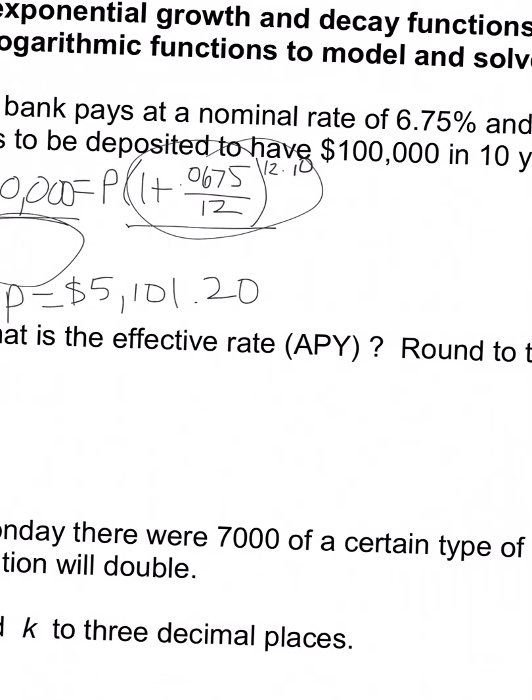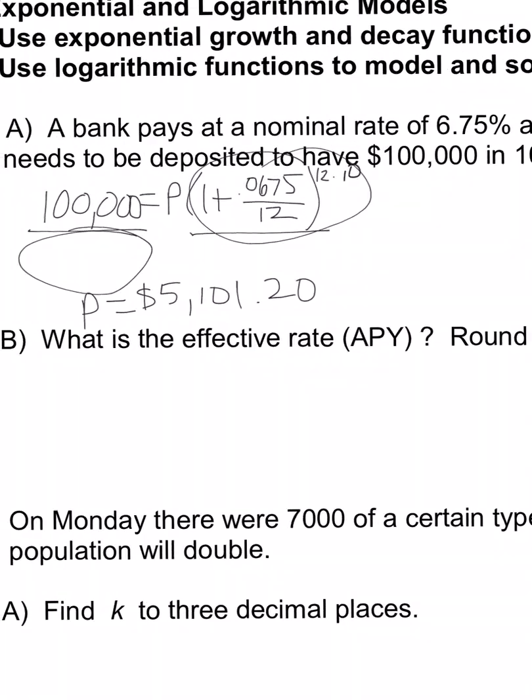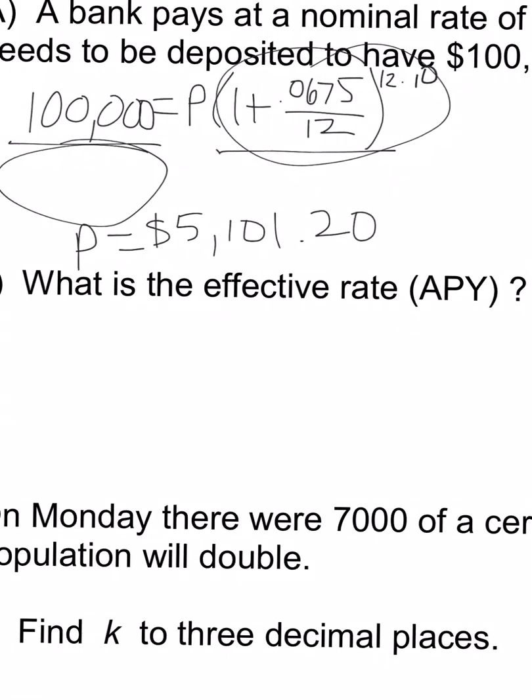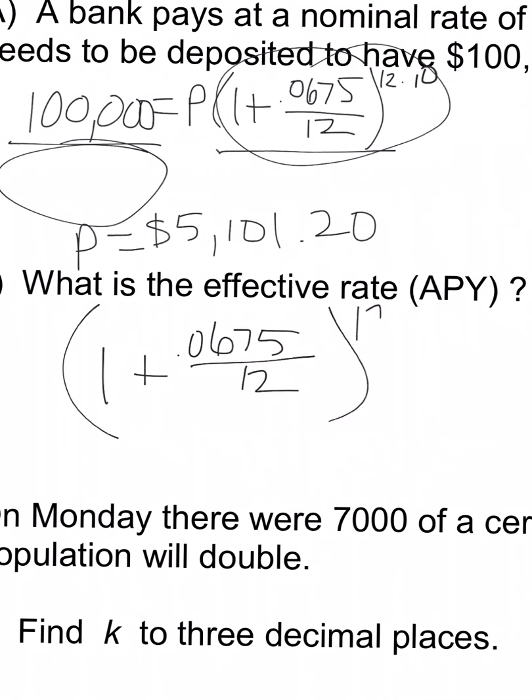What is the effective rate? Round to the 100th place. So that's taking the 1 plus 0.0675 over 12, to the 12th, to see what this new base would be. And if you do that calculation, you end up getting 1.06963.